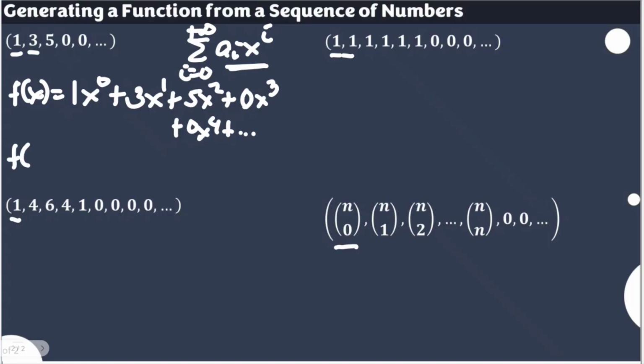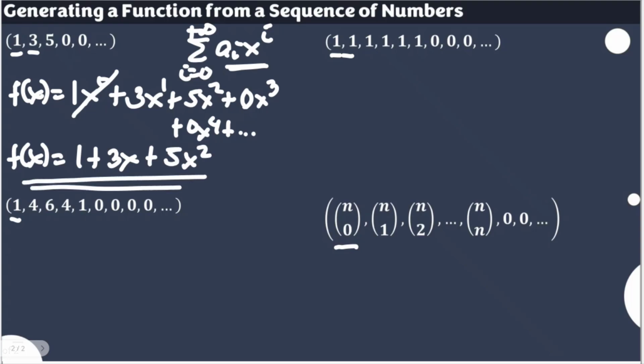Hence, the ordinary generating function for this given sequence is 1 plus 3x plus 5x squared.